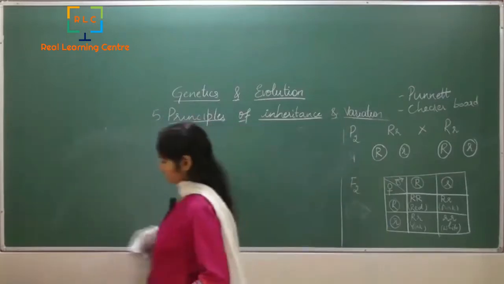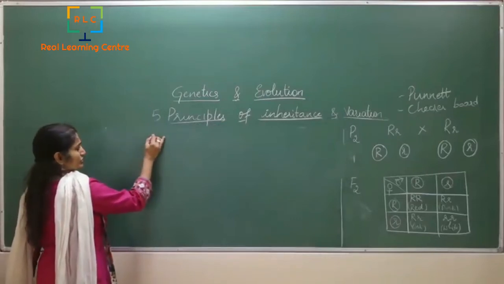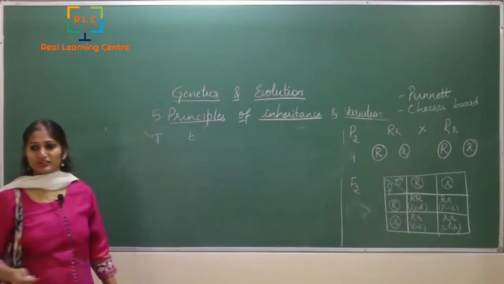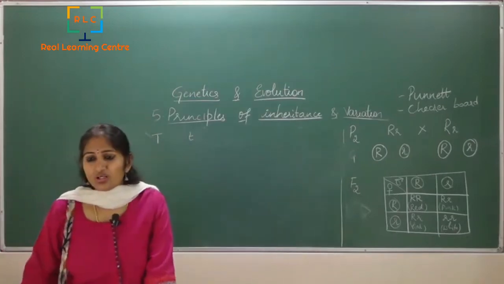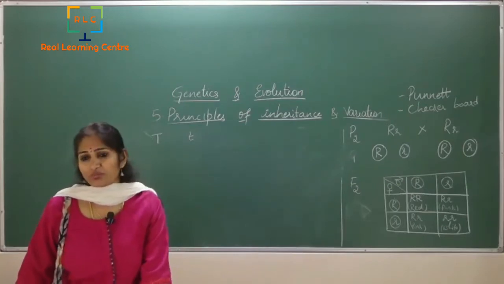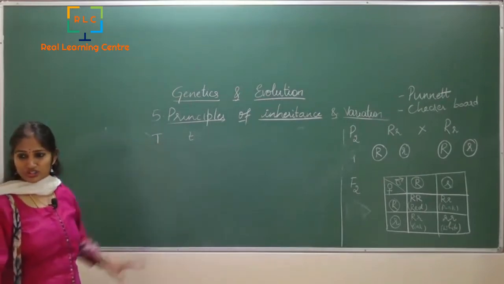Now, I would like to erase this part of the board, and let me say we have capital T and we have a small t. Now, what is the function of this? This is a factor. Now that we are talking about the molecular aspect, we can call it a gene. Now, we know that there are two genes.